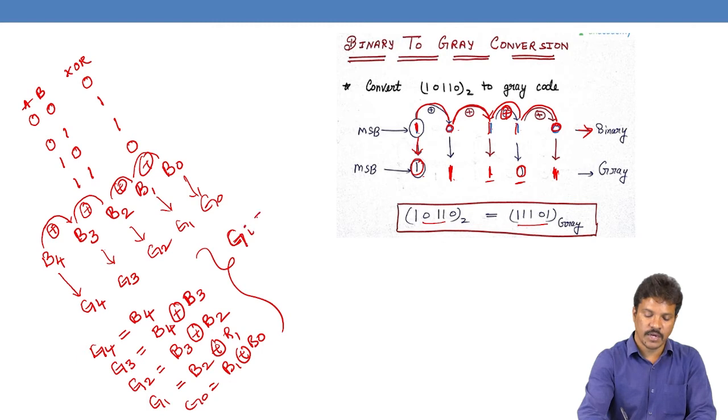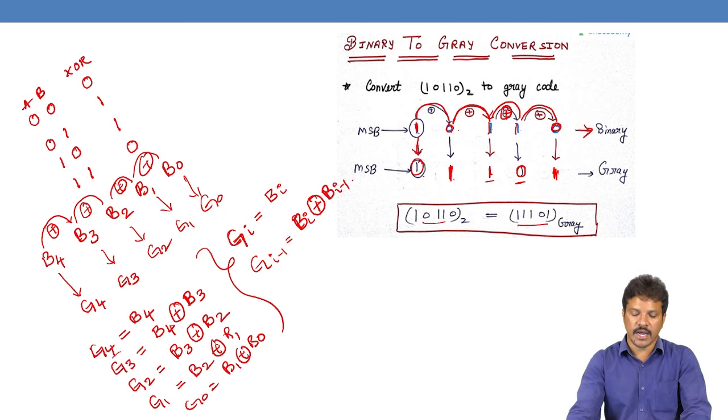In the general case, the equation for Gi is Bi XOR Bi minus 1.